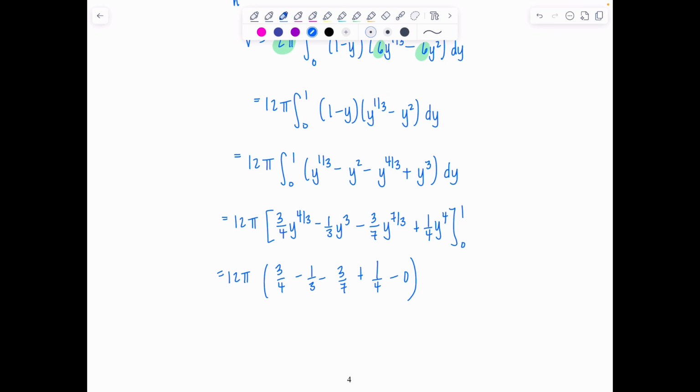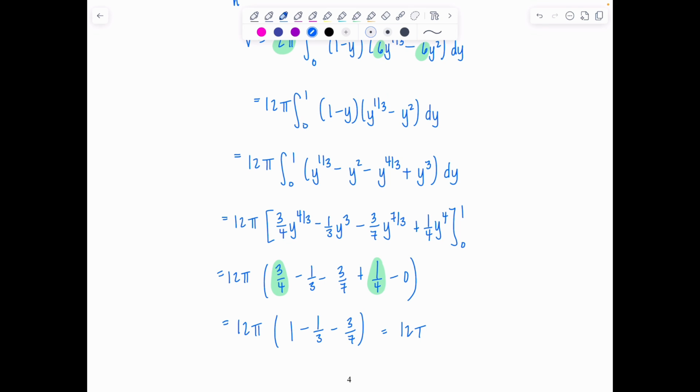So let's see. Oh, this is nice because we've got 3/4 plus a 4th. So that's 1, right? So we've got 12 pi times 1 minus 1/3 minus 3/7. Common denominator on these guys is 21. So that's 21 over 21 minus 7 minus 9. So we'll have 5 over 21.